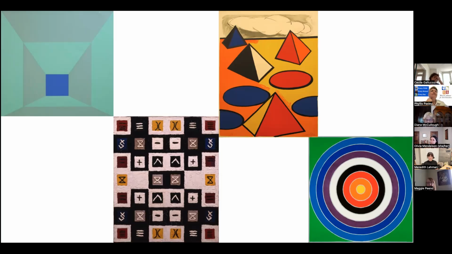So sometimes this takes some prompting, modeling a discussion initially and introducing more of these connections between math and visual art. But then as we look at more works of art together, students are really making their own connections with what they've learned in math class and what they're seeing in the works of art.